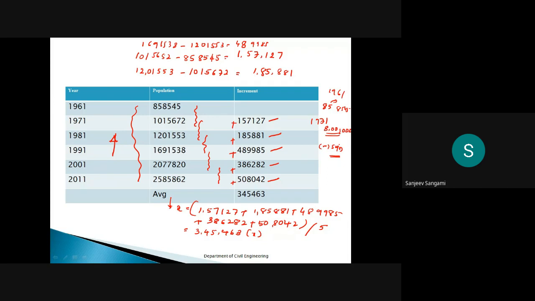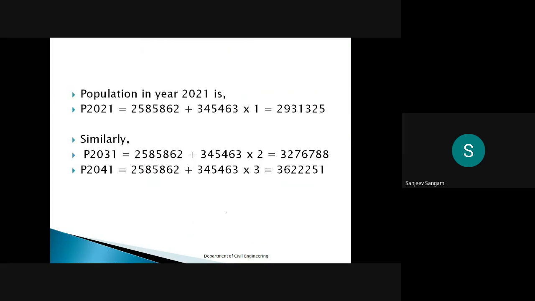Then we have to forecast it. So this is the population forecasting. He has asked for the population at 2021, at 2031, and at 2041.